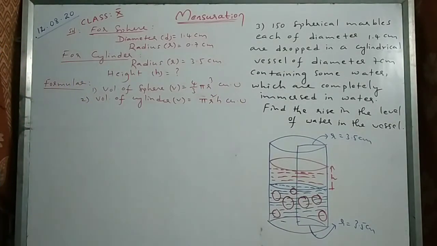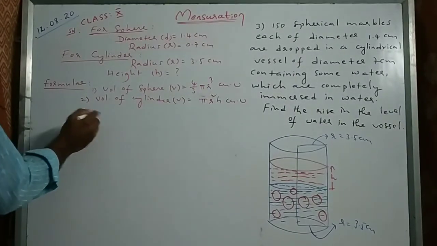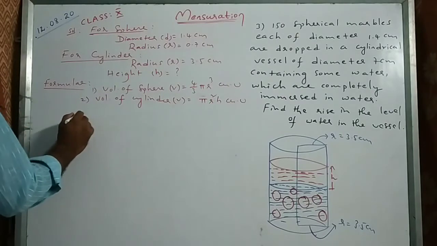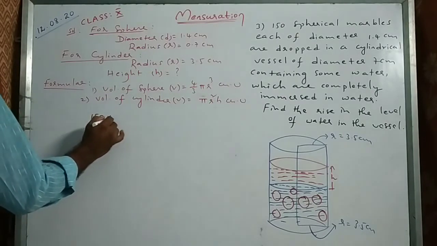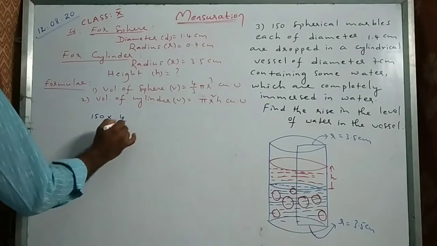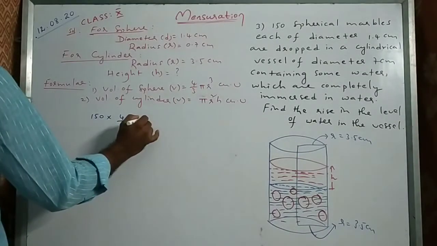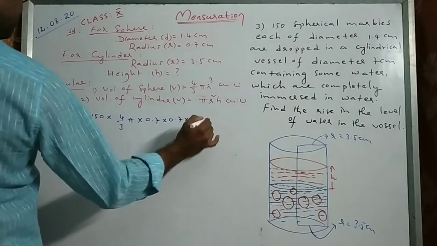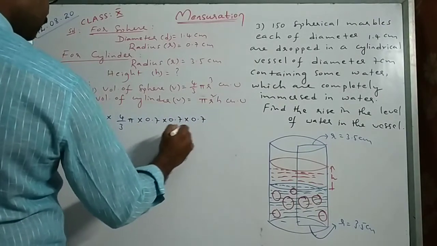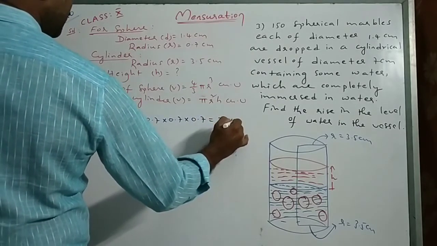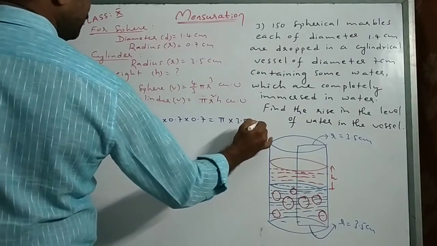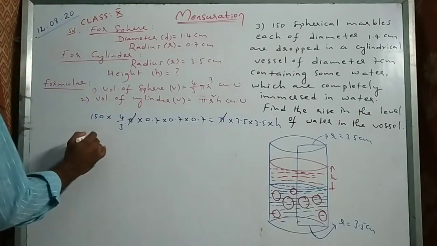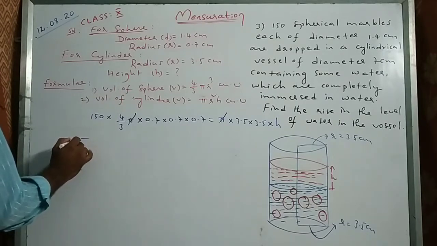Both volumes are equal, right? How many spheres are there? 150 spherical marbles. So 150 into 4/3 pi r cube, 0.7 into 0.7 into 0.7, equal to pi r square, 3.5 into 3.5 into h. Pi cancels.